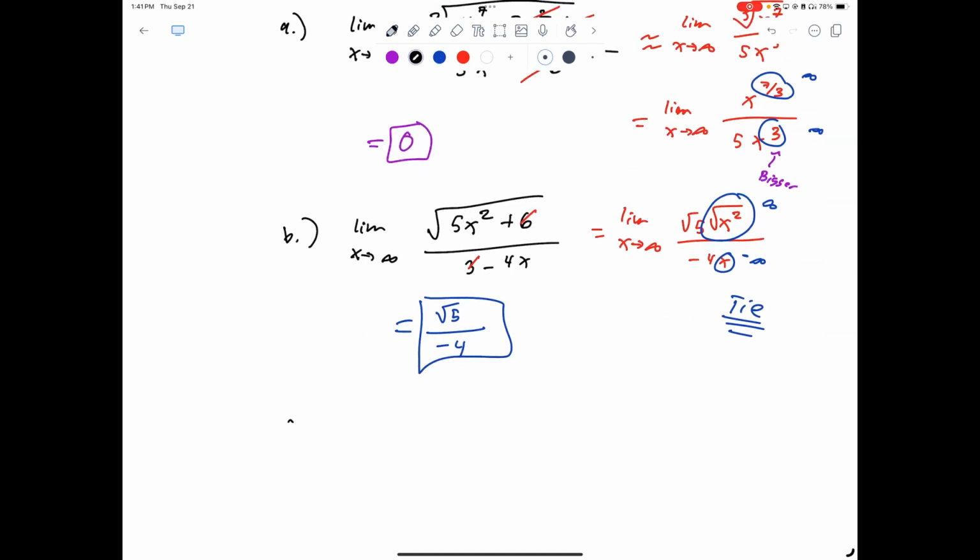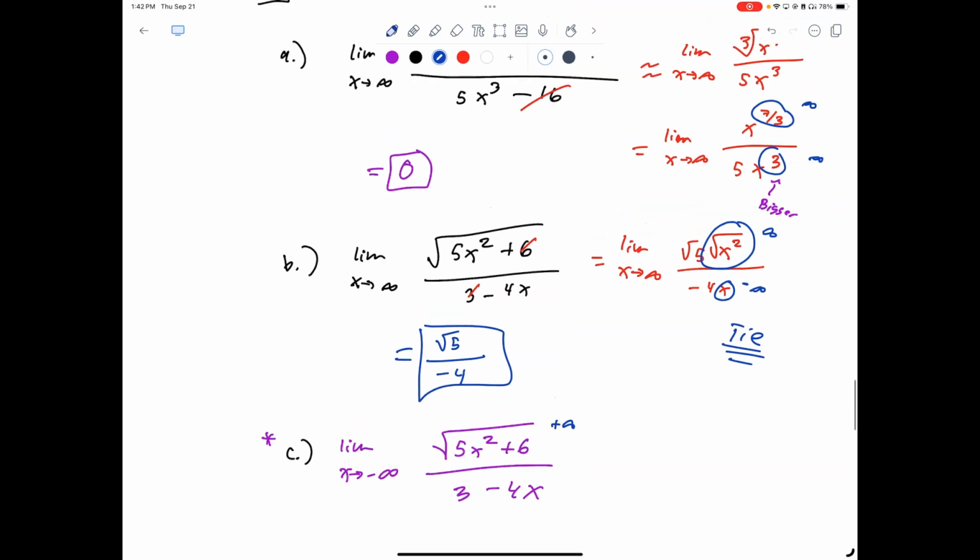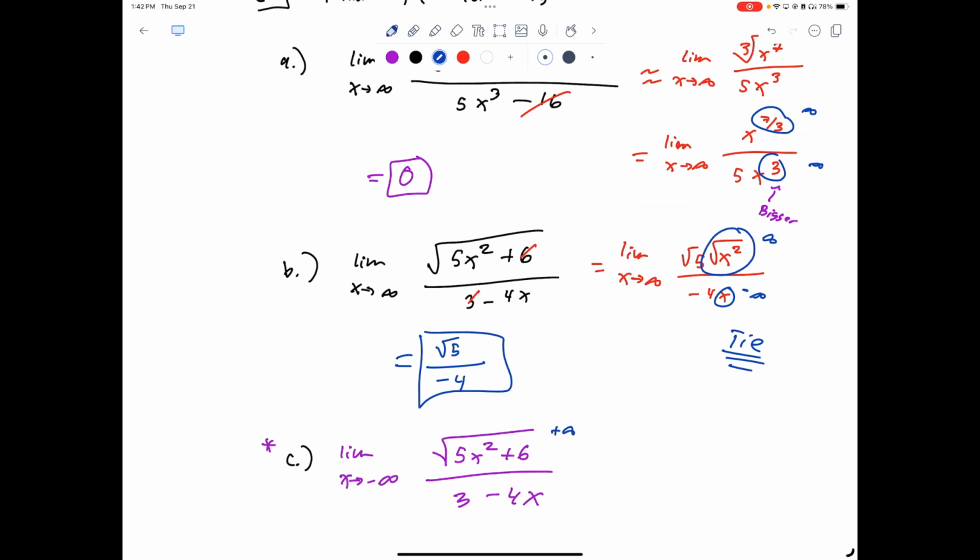Now, this is the trickiest one right here, and this is probably the trickiest one you'll see in your homework or in the exam as well. What is the limit as x approaches negative infinity of the same thing? What does the top one go to? It goes to positive infinity because it's negative infinity squared, so that's positive infinity. What does the bottom go to? Well, plug in negative infinity times a negative, so it actually goes to positive infinity.